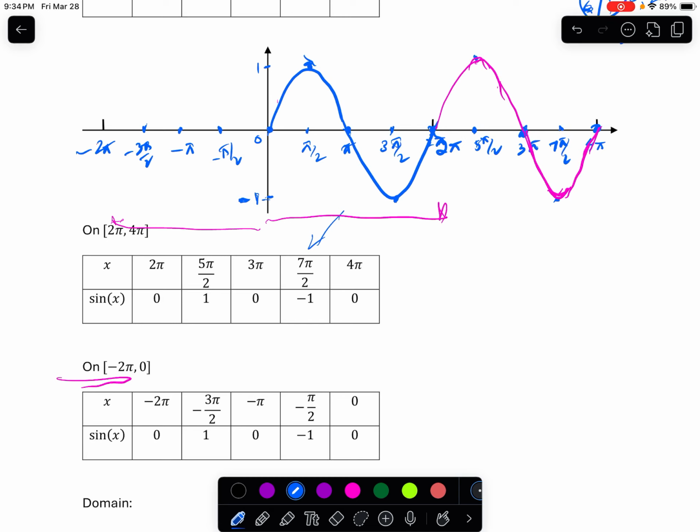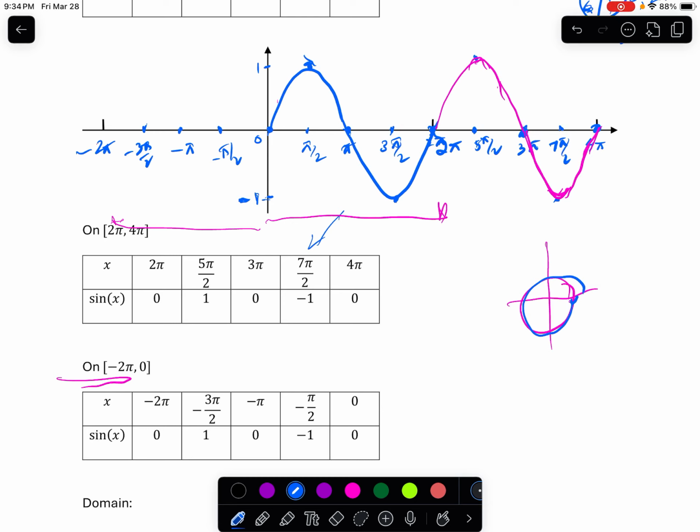So again, finding the values at -2 pi, where are you? -2 pi means you moved on the circle, you move like this, and you arrived at -2 pi. So which means we arrived at 0.